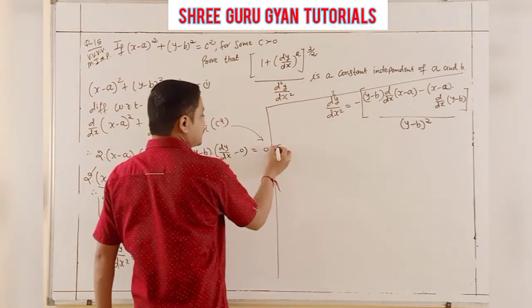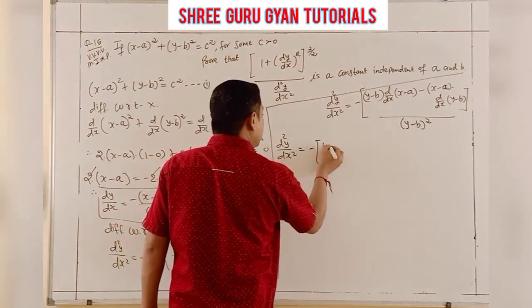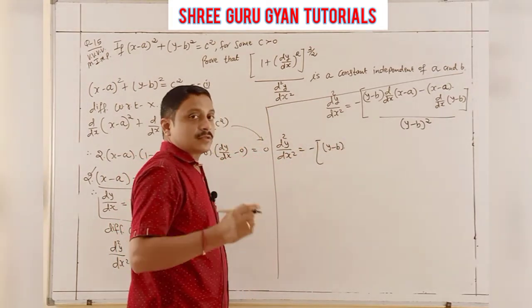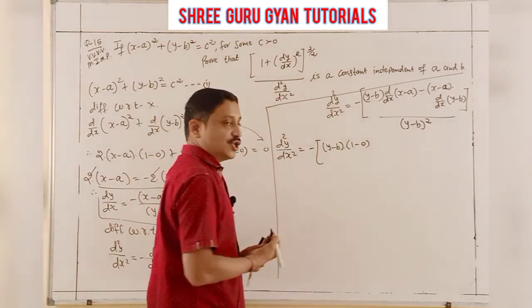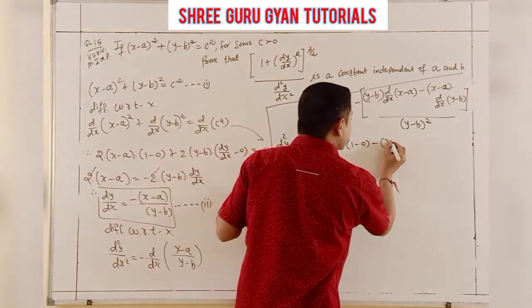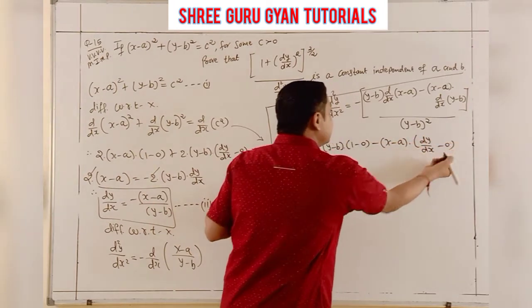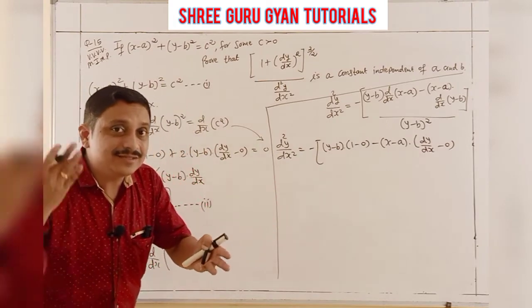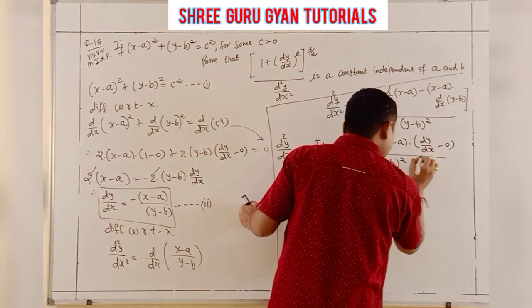Now d square y by dx square: we have to differentiate y minus b. Start the derivative: x is 1, a is 0. Same, look at that, y derivative is dy by dx, but b derivative is 0. And upon, again the same denominator.